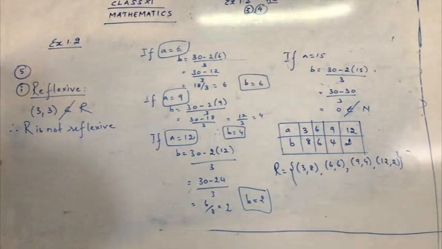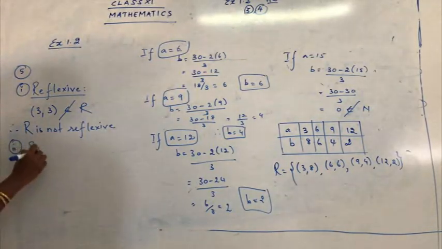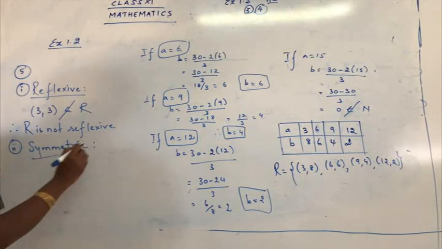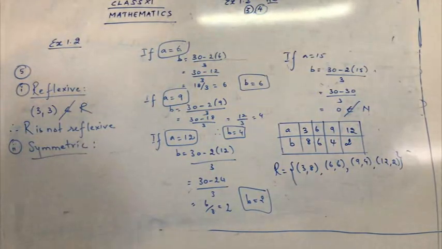Okay, go for the second. It's for symmetric. Can you give me the pairs to be checked? Listen here, children. See the first pair. What's the first pair? 3, 8. If 3, 8 is present, what is the other pair to be present over there?